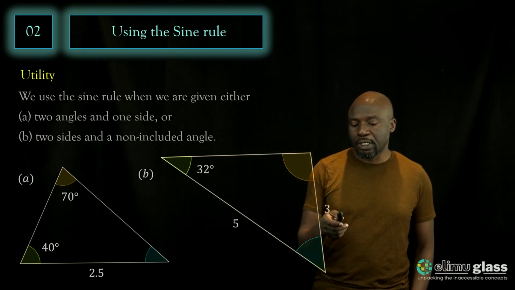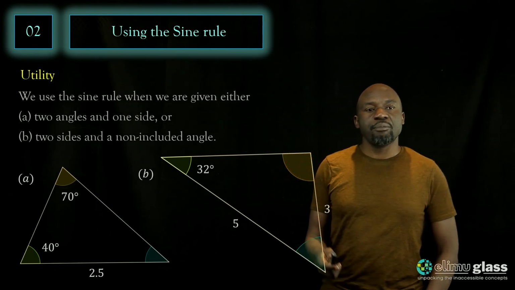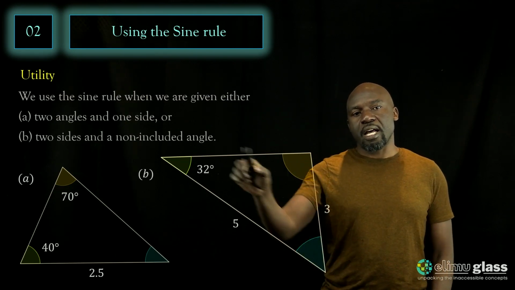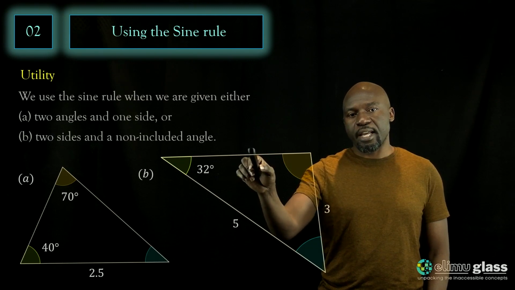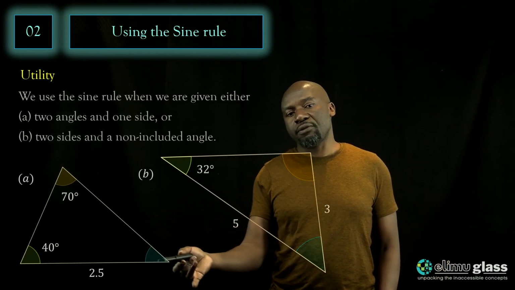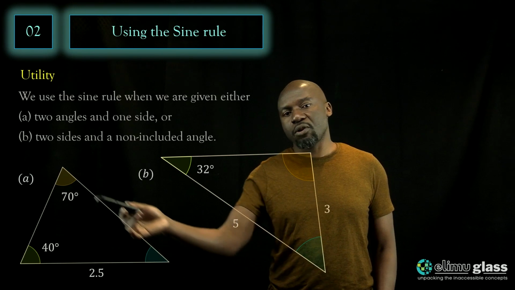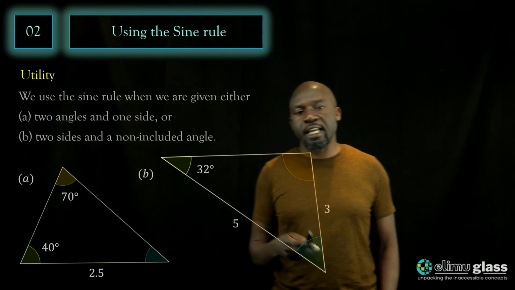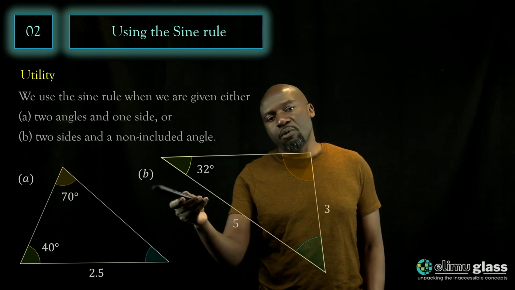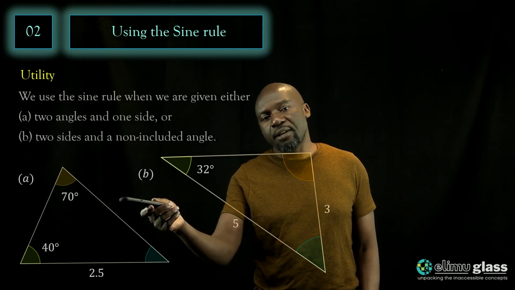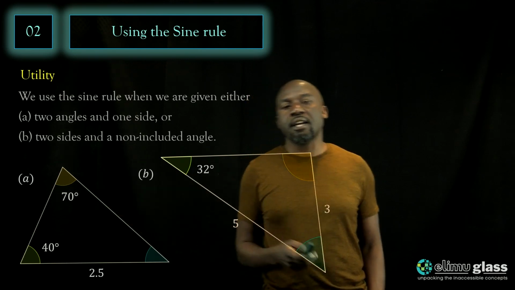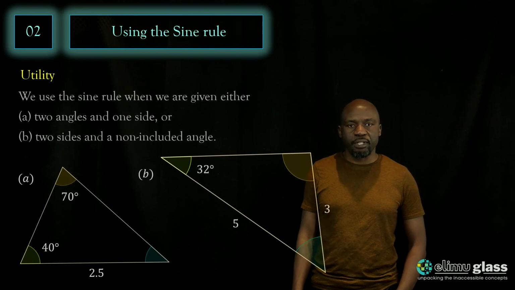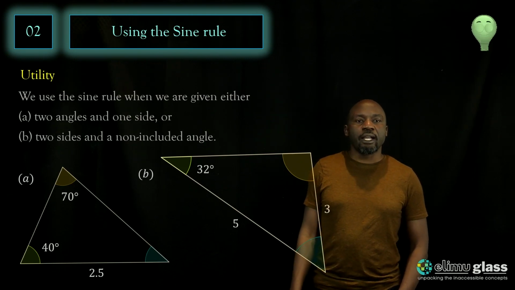When we have this, we can then work to find the other two unknown angles as well as the unknown side. In this case, it is straightforward to find the third angle because we know two angles. The sum of angles in a triangle is 180, so that's not difficult. But then we would need to find the unknown sides, this side and that side. So when we have scenarios like this, the sine rule becomes really useful.